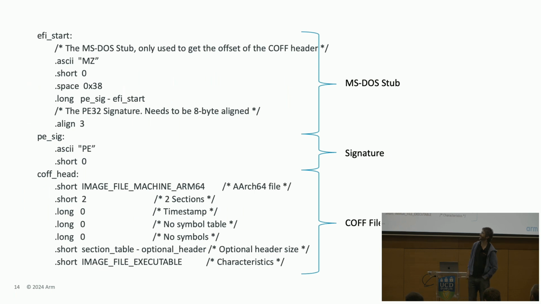We do this. If you don't recognize it, this is some assembly that says, build me a PE-COFF header manually. We do have some macros, at least, to say this is an ARM64 machine. And you can do some basic arithmetic to give it offsets of things.